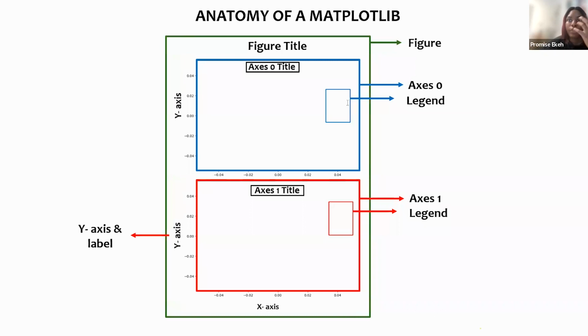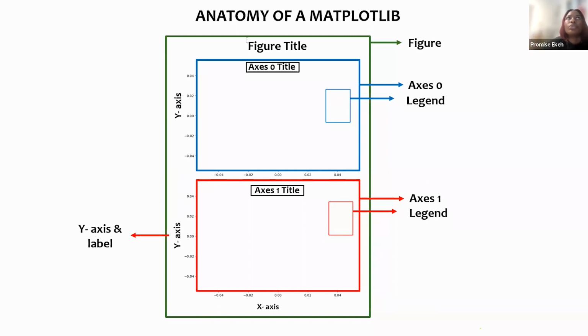When you say create a figure, create a plot, it's what you create. But within that figure, you could have multiple plots, or only one. Just look at this green box as the figure object. It's like a frame where you can plot your graphs inside.